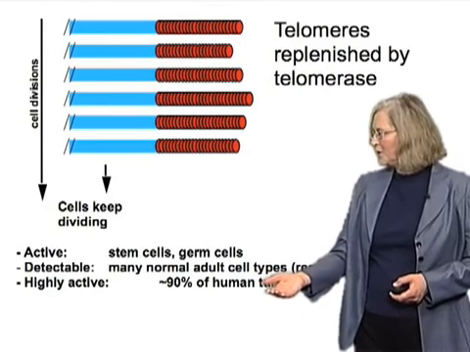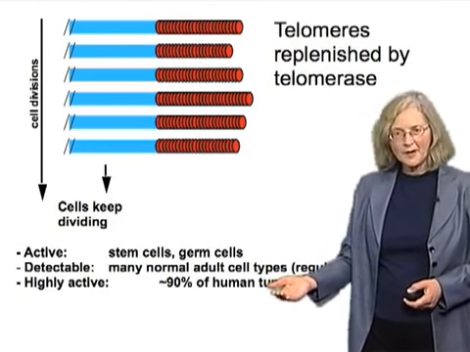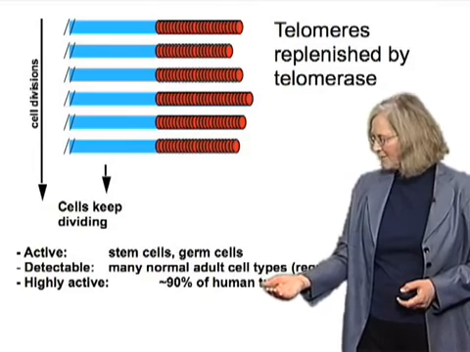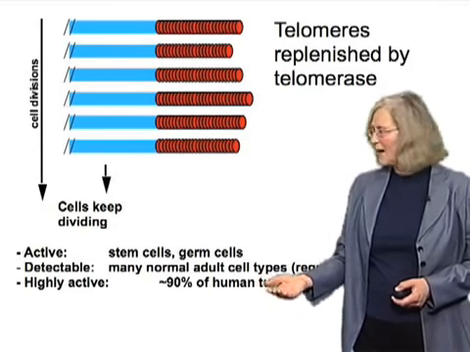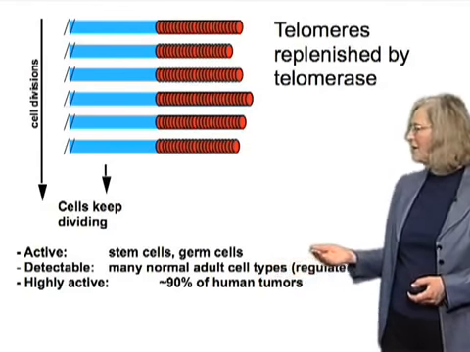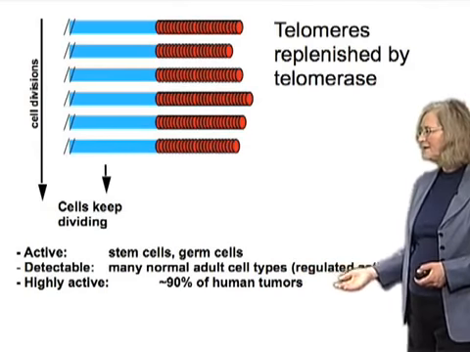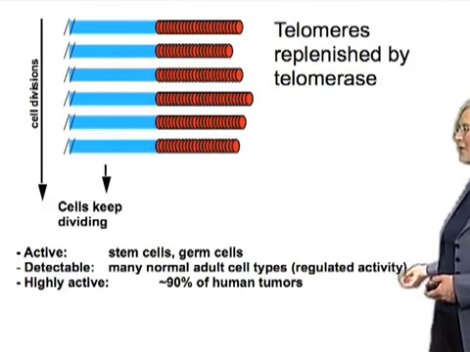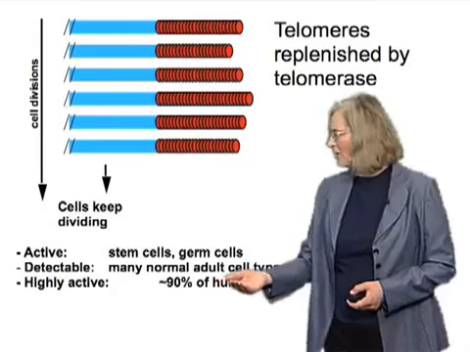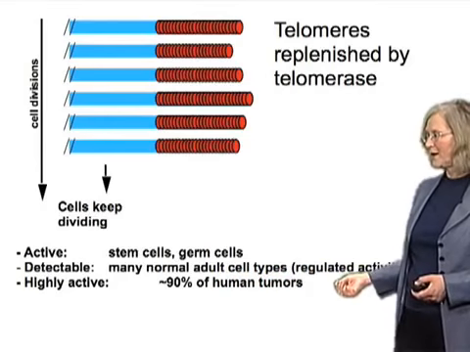One does find it in human tumors, but I'm not going to talk about that in this part of this lecture series. But one finds telomerase at regulated but real levels in a variety of other normal adult cell types as well.